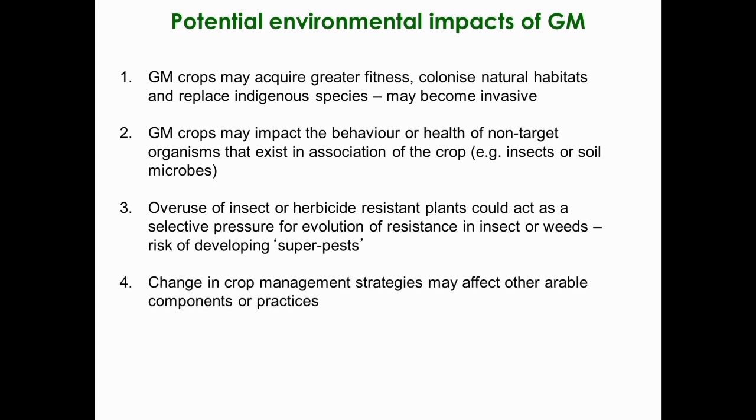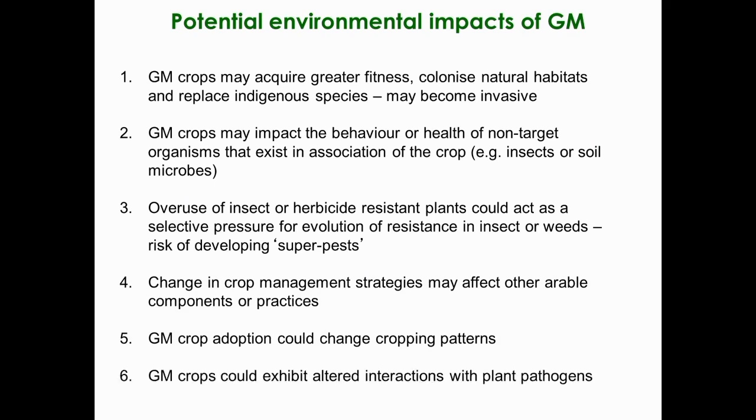It's possible that any changed crop management through the cultivation of GM could affect other arable components, and I'll come back to that in a minute. It's possible that GM farming practice could change cropping patterns, such as crop rotation patterns, and that could potentially have other indirect impacts on biodiversity.